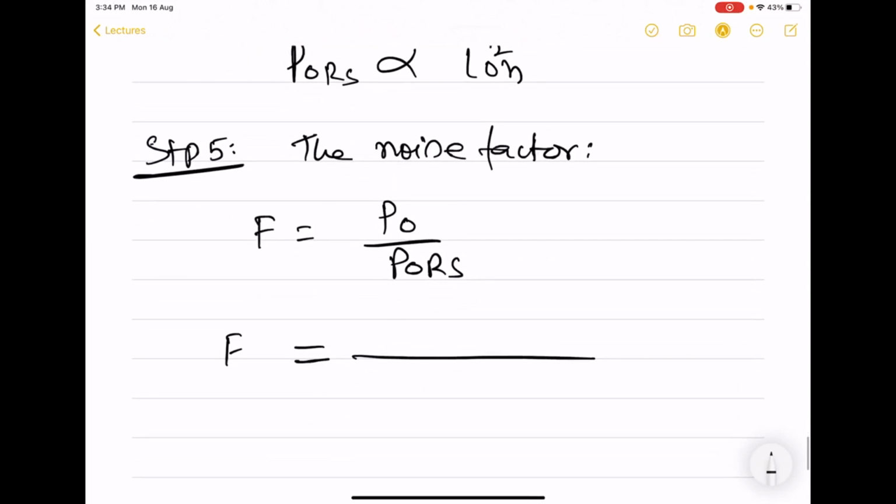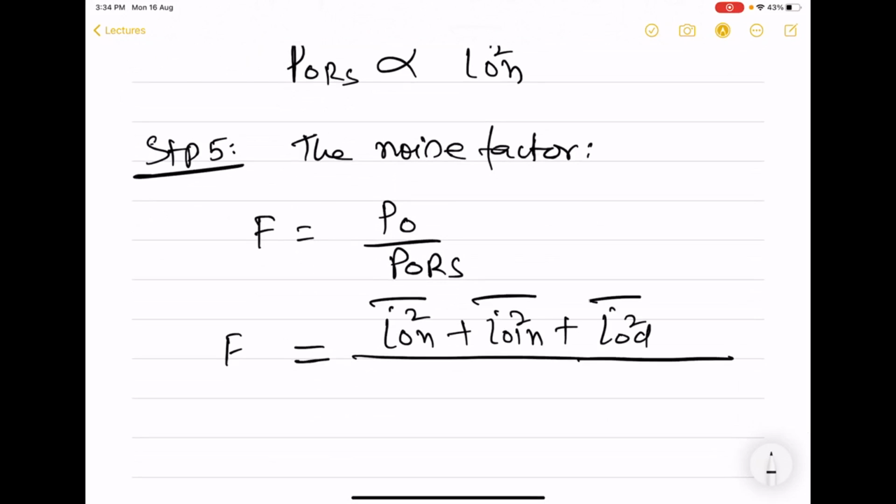So this will turn out to be IUN mean square plus IU1N mean square plus IUD mean square, divided by IUN mean square.